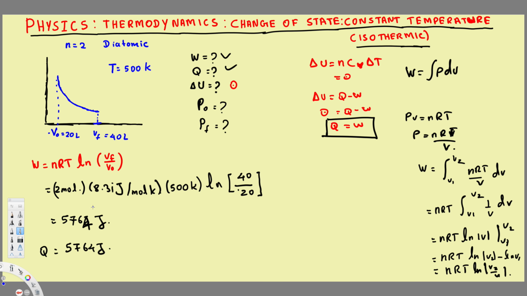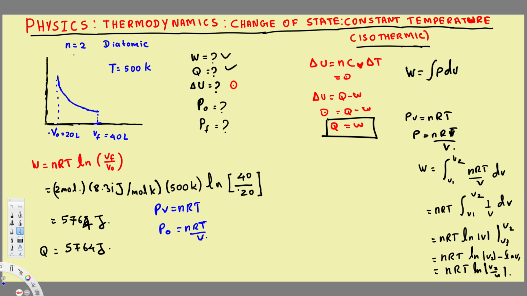To find the initial pressure, we can use PV is equal to nRT, right? So initial pressure, P naught, is going to be nRT divided by V. To calculate this one, we have to know whether everything is available. We have the moles, we have R, and T. Do we have the initial temperature? Initial and final are the same, so we can apply 500 Kelvin.